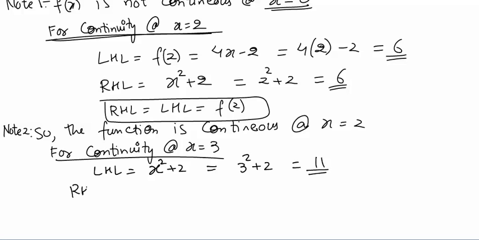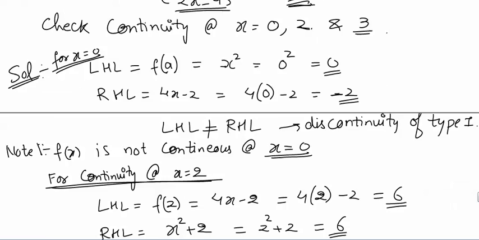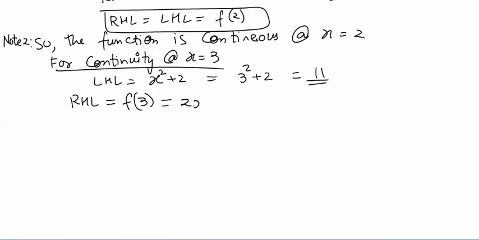For RHL equal to f of 3, both are giving you the same value. So the function is 2x cube minus 43. Substitute x as 3, not 2, so it's 3 cube minus 43.